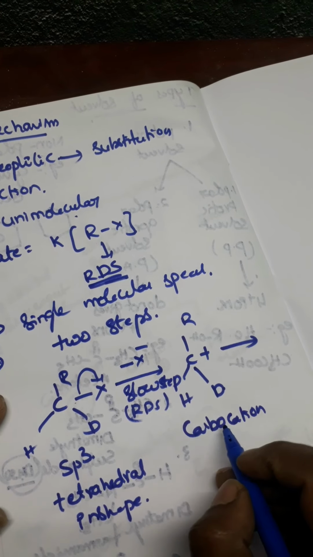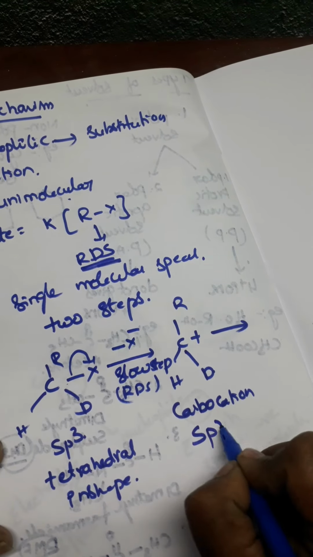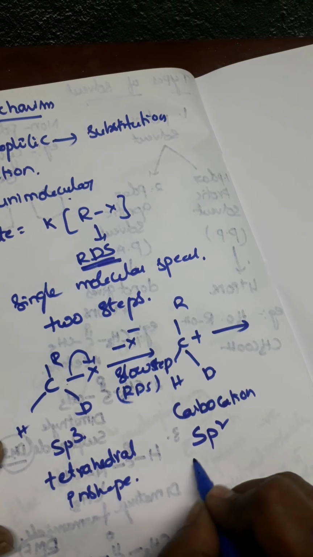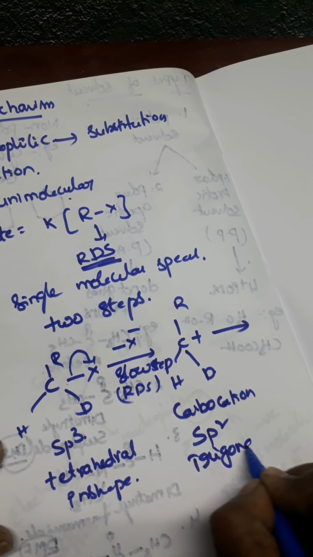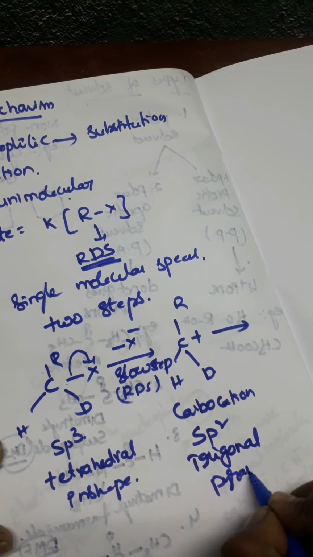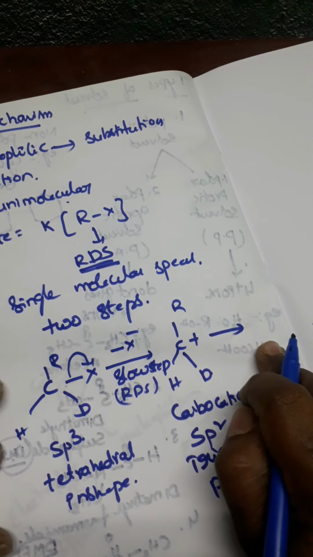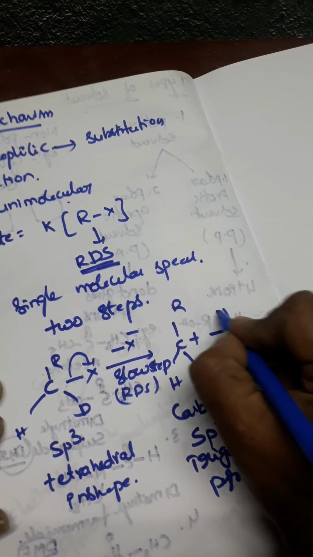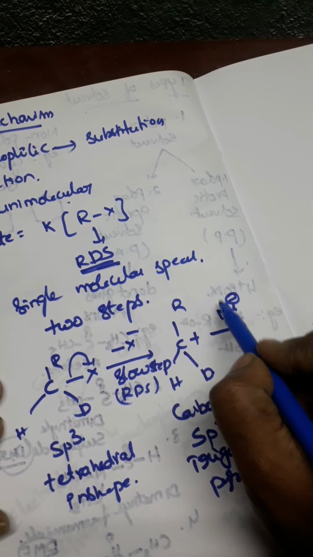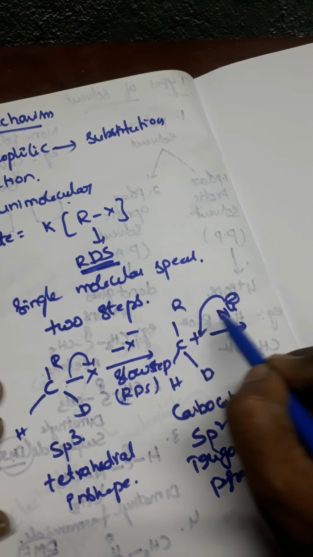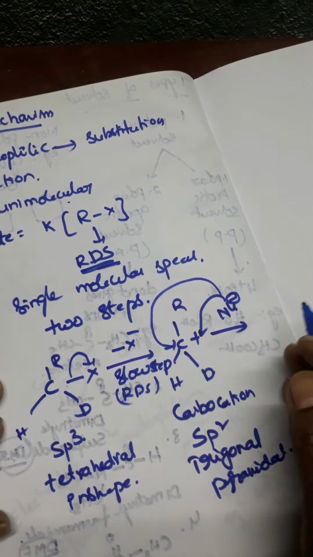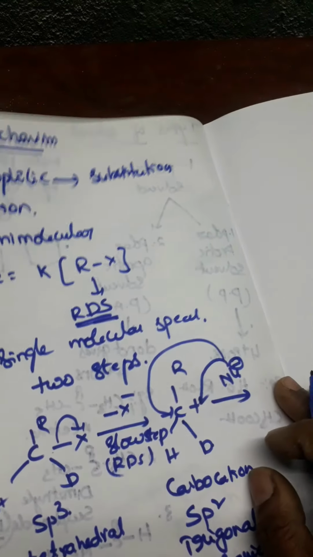Here its shape is sp2 hybridization, and it is a trigonal planar structure. Here the nucleophile will attack. The nucleophile will attack either the front side or the back side. Suppose I will write here.